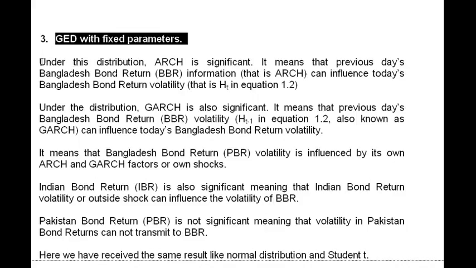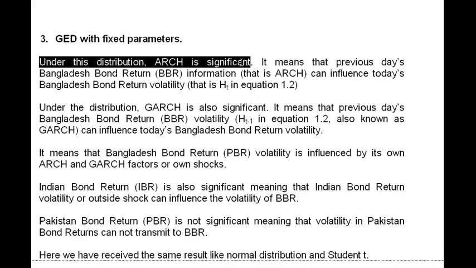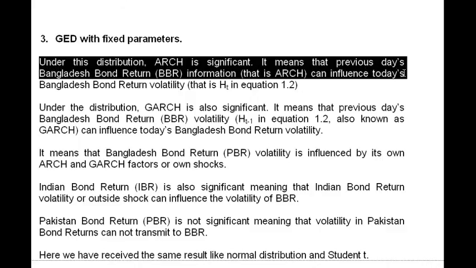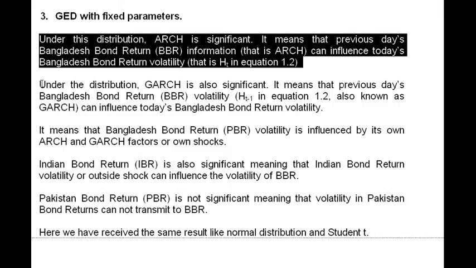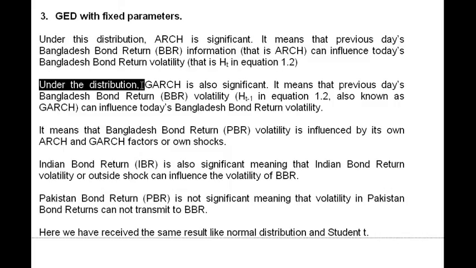What is it? Under this distribution, ARCH is significant. So here ARCH is also significant. It means that the previous day's Bangladesh bond return information, that is ARCH, can influence today's Bangladesh bond return volatility, that is HT in equation 1.2. So the result is as before. Under this distribution, GARCH is also found significant.